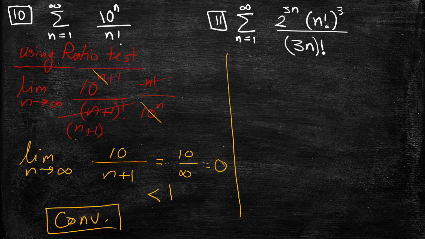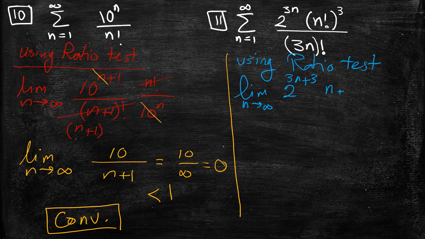Let's move to number 11, which again is all factorials, so it looks like nothing will be helpful but the ratio test. Limit as n approaches infinity of 2 to the power 3n plus 3. Don't forget a(n+1), so substitute each n with n plus 1. So it will be 3n plus 3.